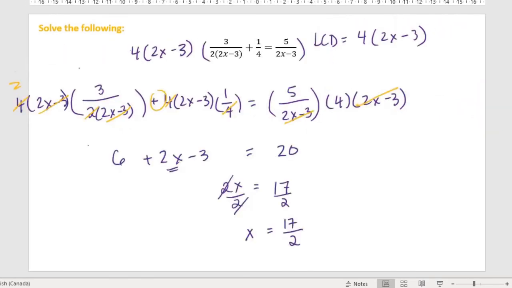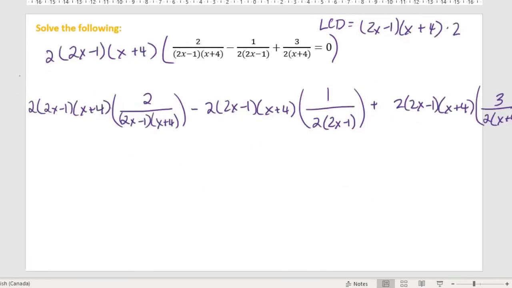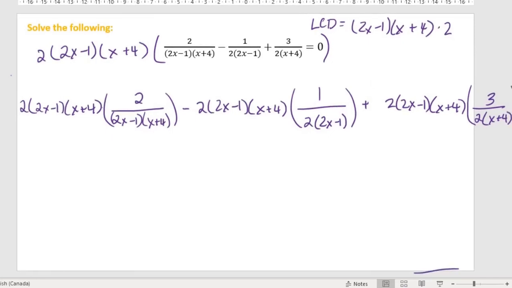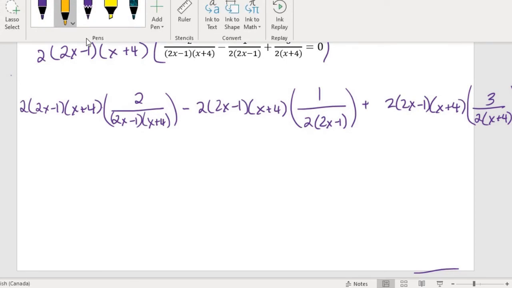And once again, because the right-hand side is equal to 0, I'm not going to multiply it by 0. I'll just have equals 0 on the right-hand side. Skip ahead to the answer, in other words.